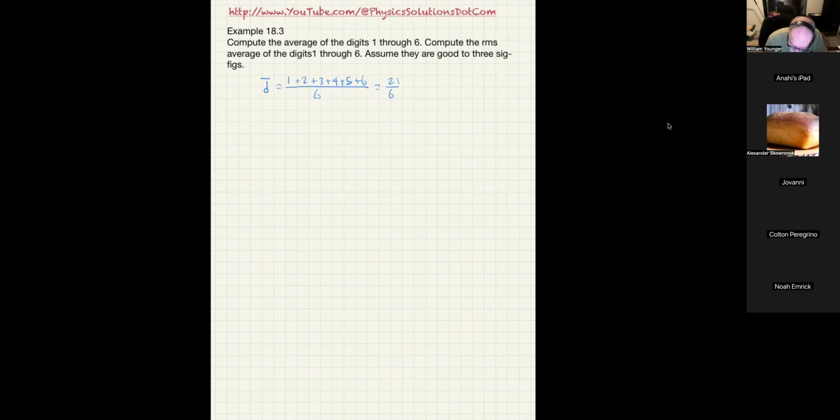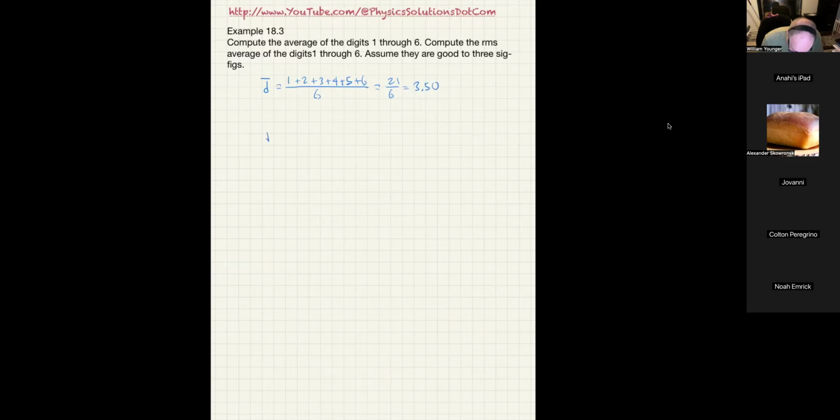So I get 21 over 6. I know that 6 goes into 18 3 times. That leaves me 3 left over, so this is 3.50. That's the average of the first 6 digits, 3.50. If these were velocities, for instance, the average velocity would be 3.5 meters per second.